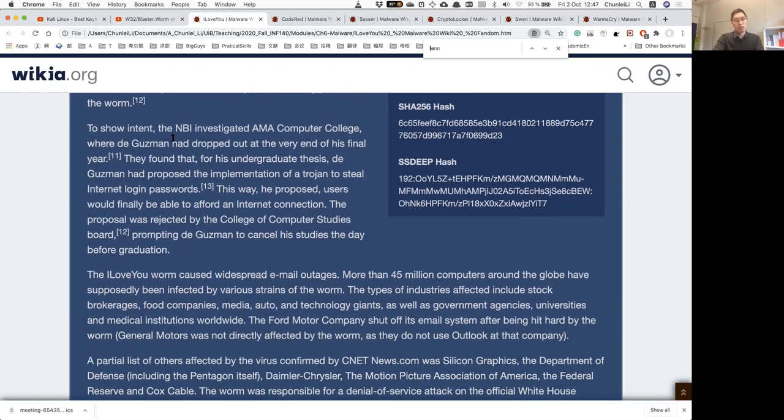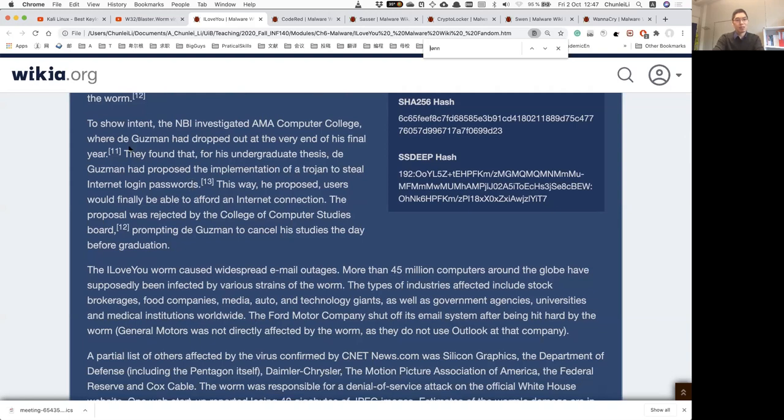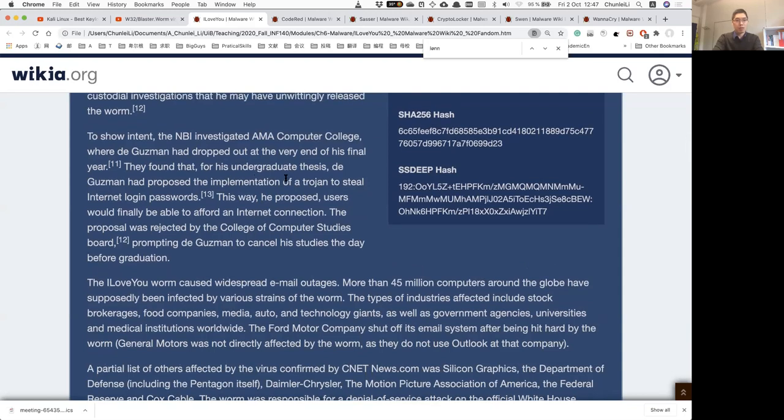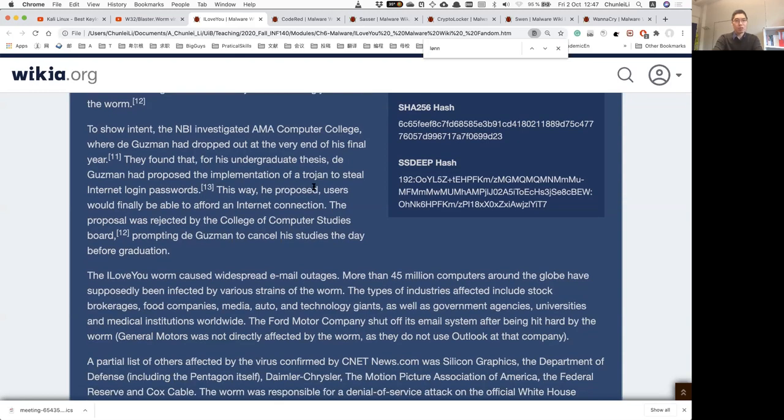Here, during this investigation, it's interesting that the second author of this virus, during his undergraduate thesis, proposed the implementation of a Trojan to steal internet login passwords.